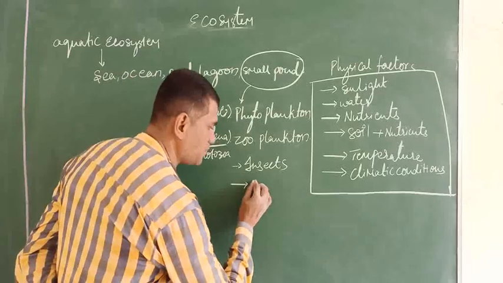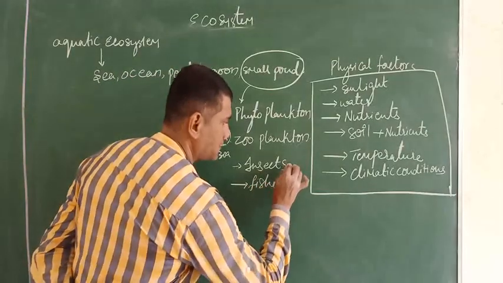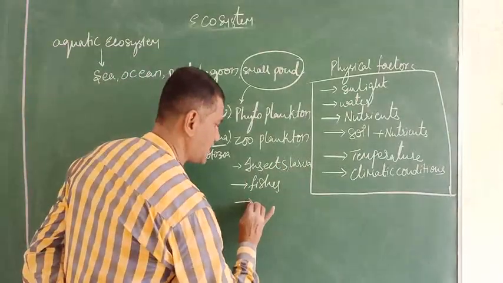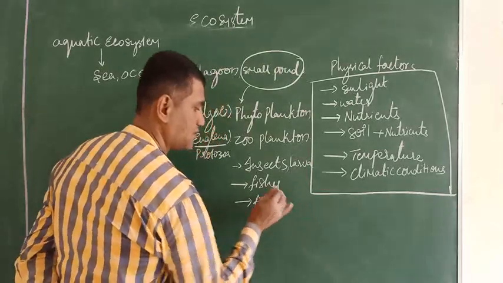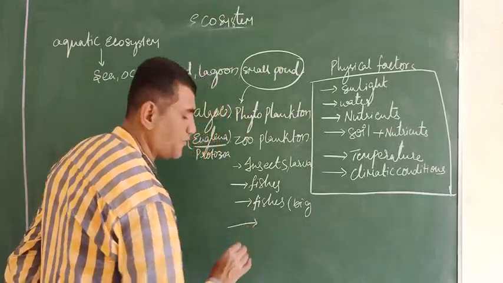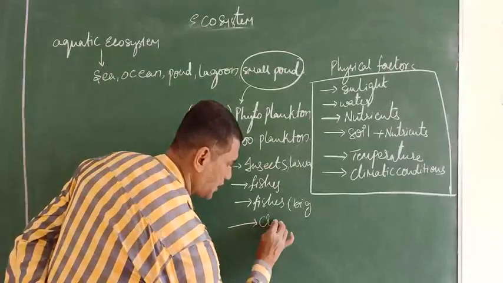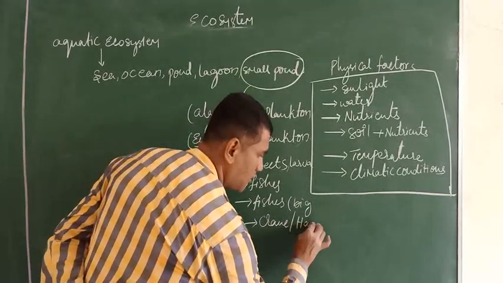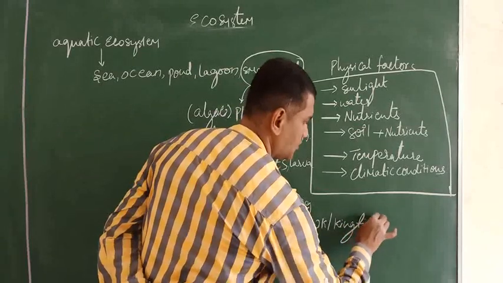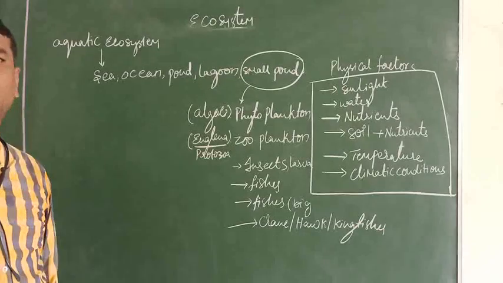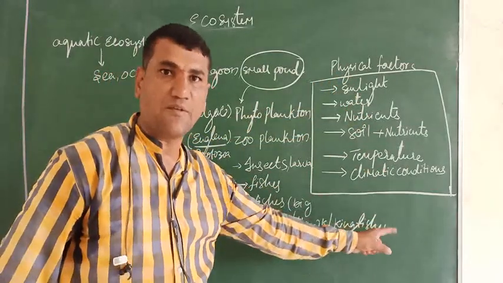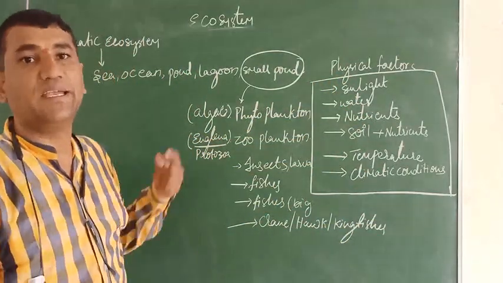To eat these insects, there are small fishes, insects and larvae. To eat these fishes, bigger fishes. To eat the different types of fishes, crane, hawk or kingfisher. So this is how a pond ecosystem consists of biotic factors and abiotic factors, and how the interaction takes place.